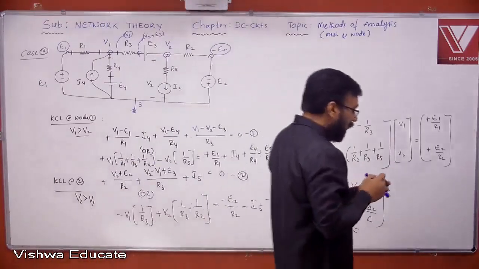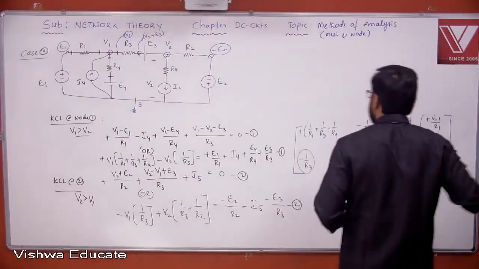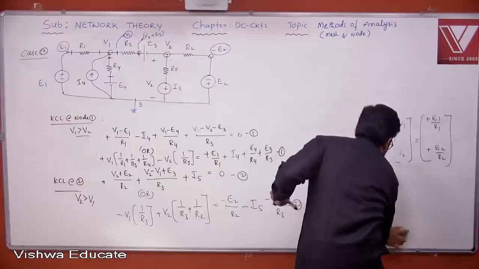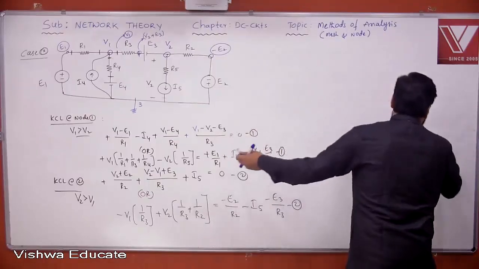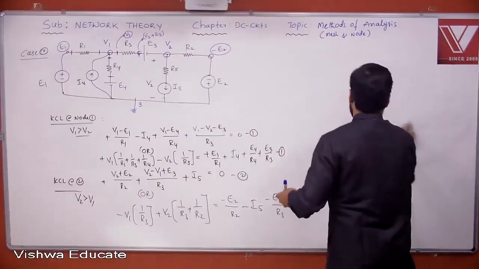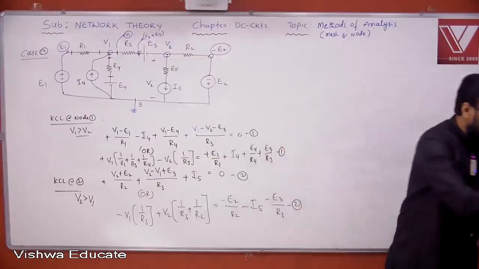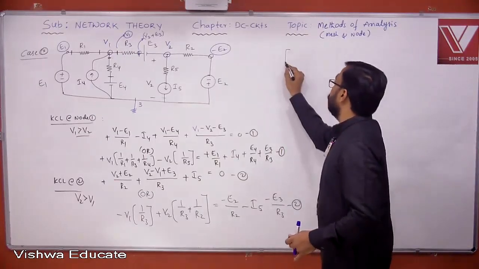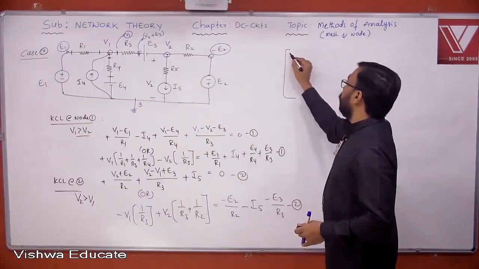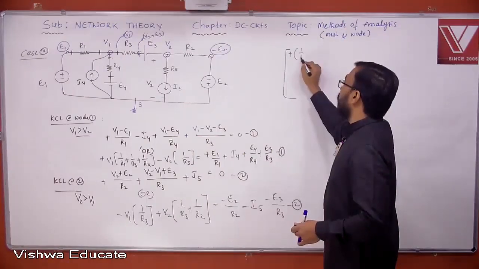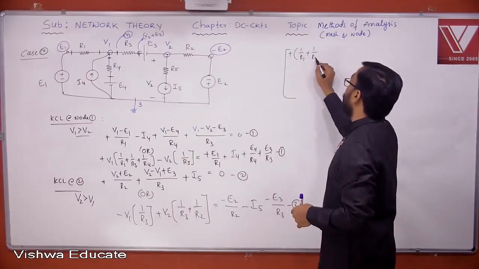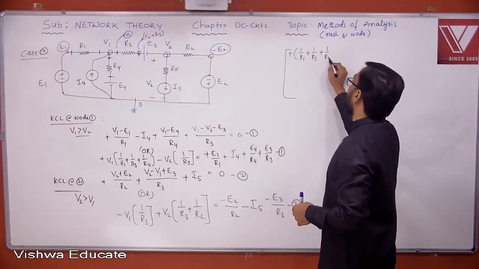Now you must write directly the matrix form just by looking at the figure itself. Yes or no? There is no need to write all these things and waste our valuable time unnecessarily. And this inspection, I'm telling you, will help you a lot in finding the transfer function. So now let me write it clearly. 1, 1: what is that element? 1 by R1. Please look at the diagram and tell me: 1 by R1, 1 by R3, 1 by R4.